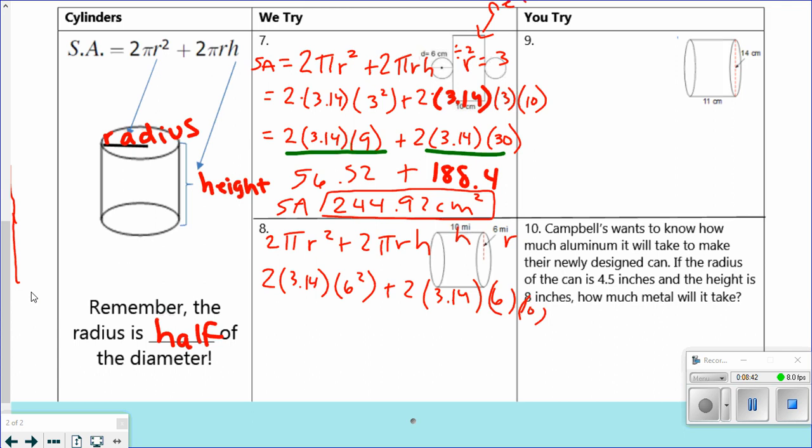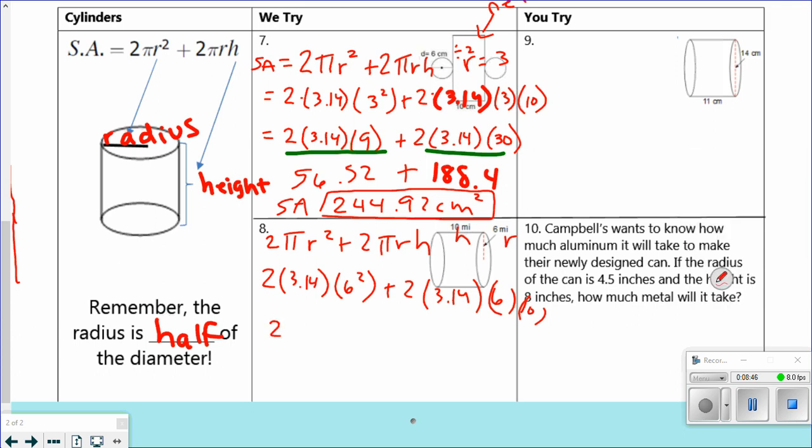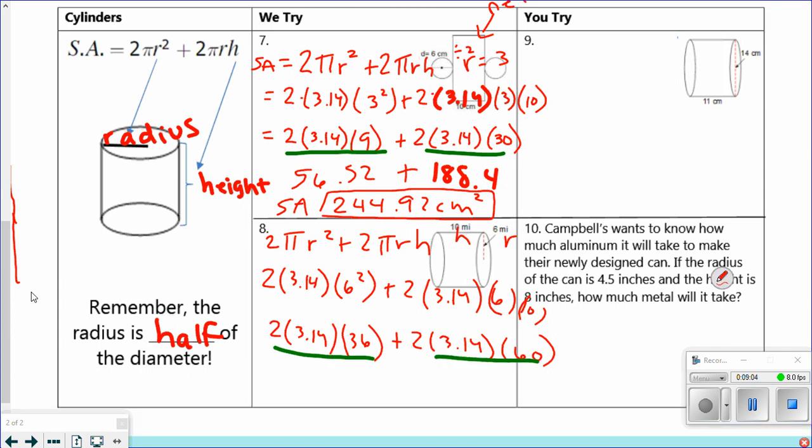Okay, again, a good idea to simplify things first. So I've got 2 times 3.14 times 36. 6 squared is 36. Plus 2 times 3.14 times 6 times 10, which is 60. Just one less number that you have to enter in the calculator. Okay? Find the product of each and then add them together.